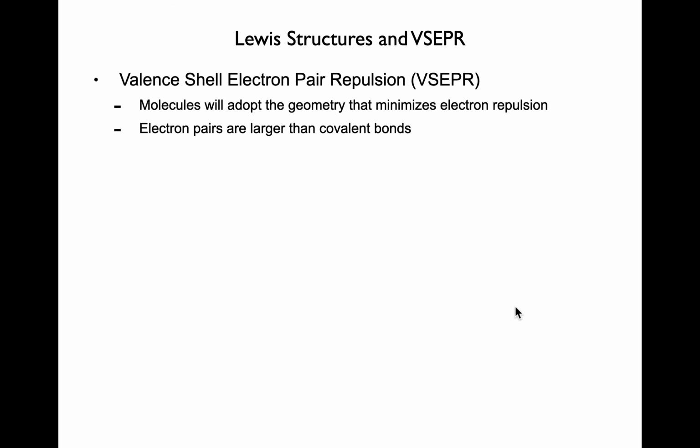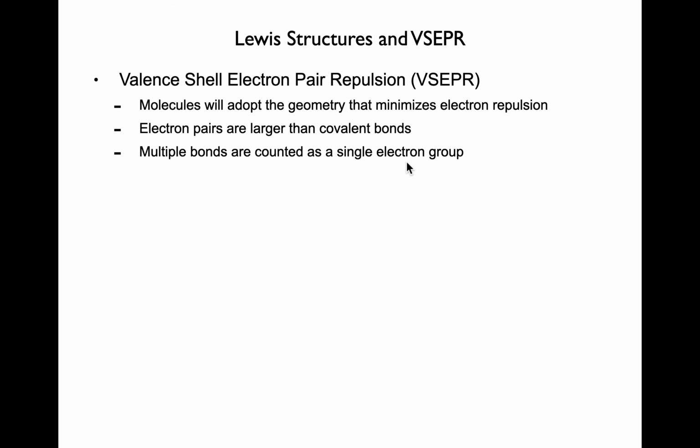Electron pairs are larger than covalent bonds. What I mean by that is if you have a lone pair of electrons, that's actually going to take up more space than a covalent bond, because the electrons in a covalent bond are constrained between 2 atoms, and a lone pair is only associated with 1 atom. If you have a multiple bond, a double bond, a triple bond, these are counted as a single electron group.